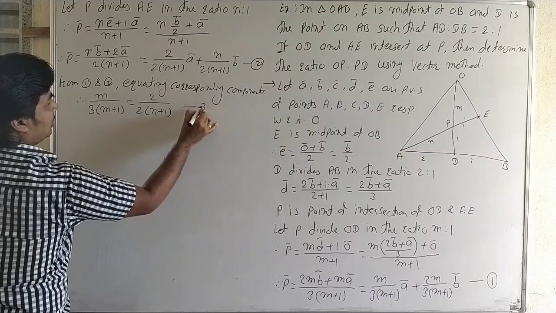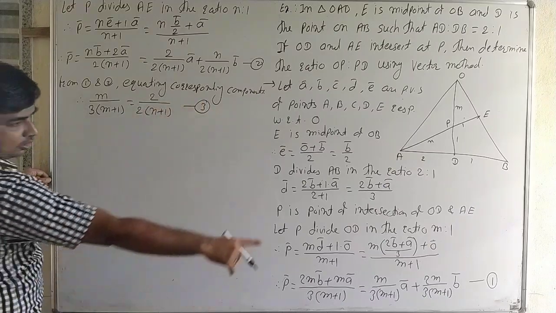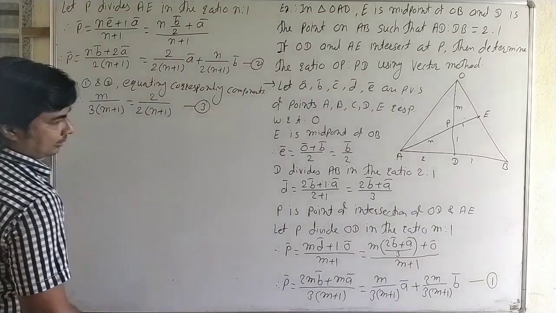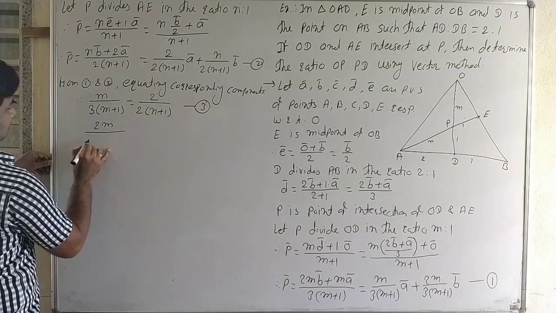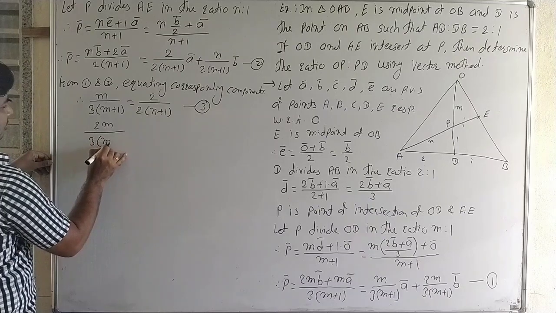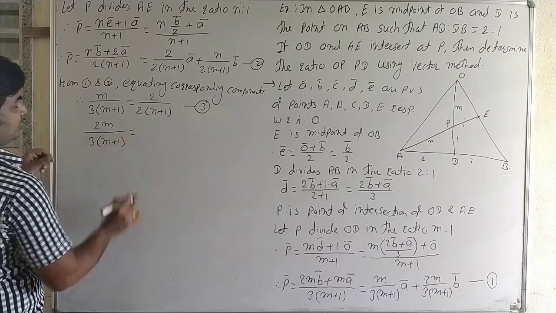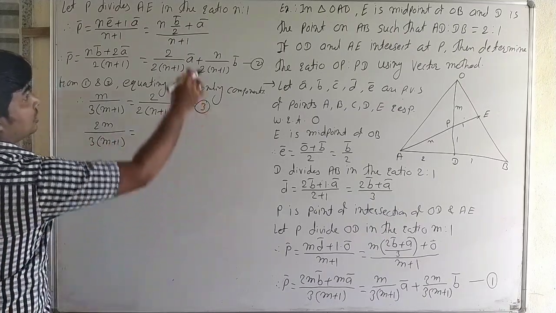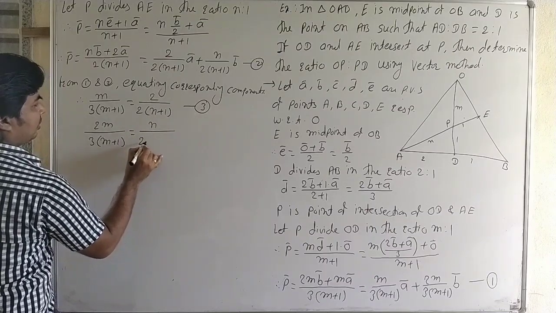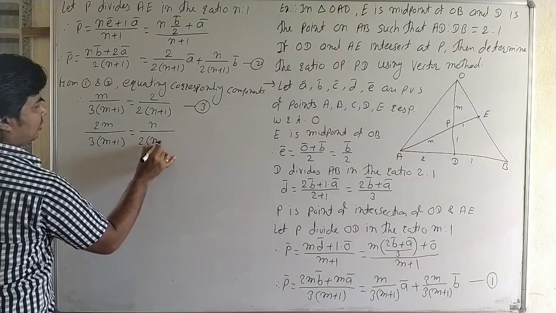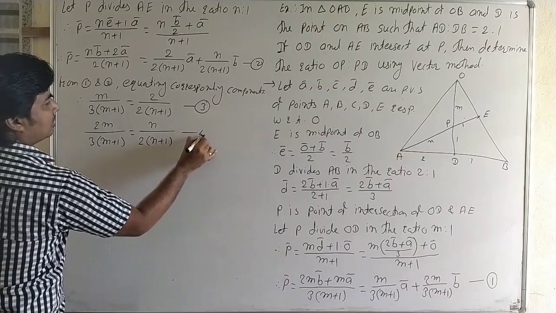It is equation number 3. Again the coefficient of B bar gives 2m upon 3 into (m plus 1) is equal to n upon 2 into (n plus 1). It is equation number 4.